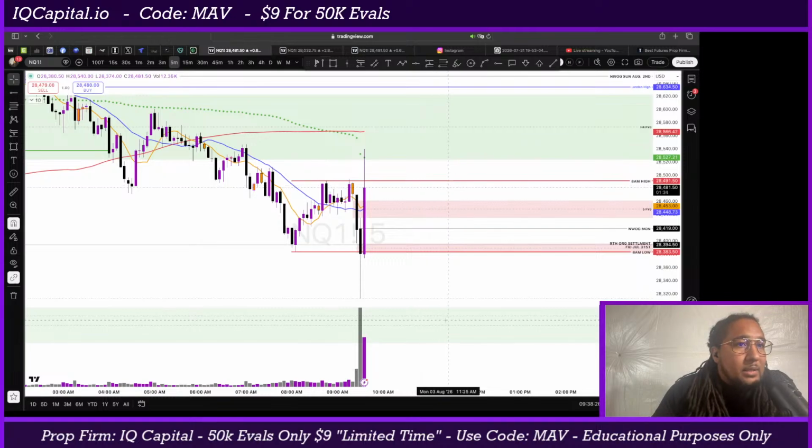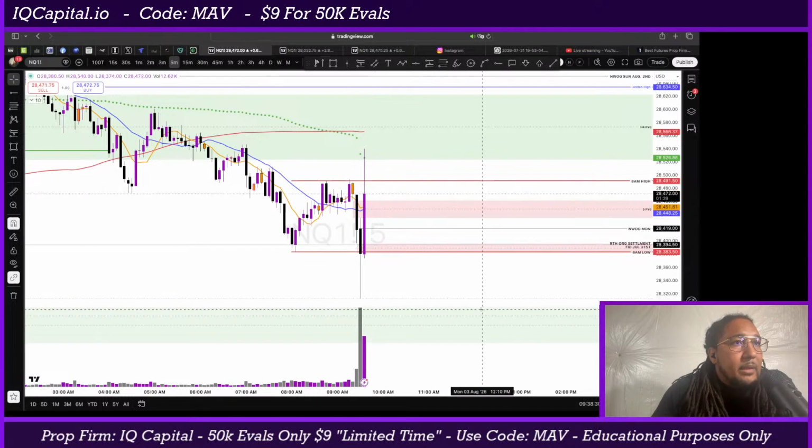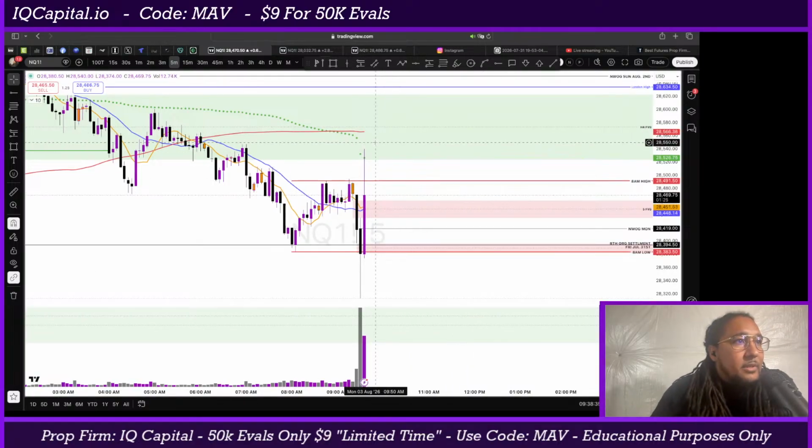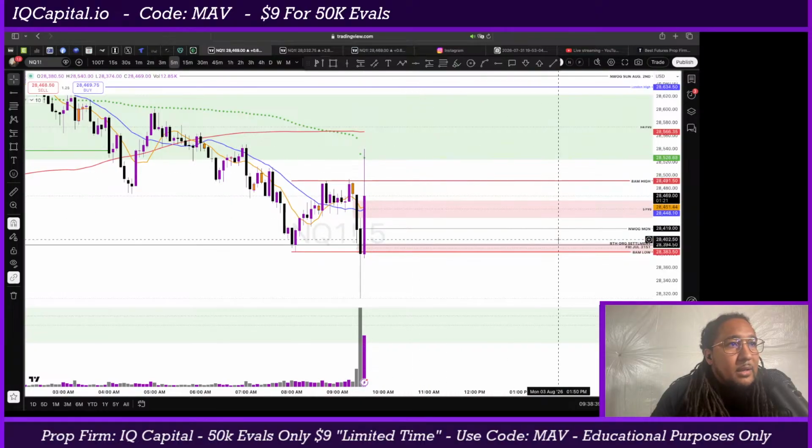I would have liked it to tap that 4-hour fair value gap before heading higher, but it looks like we tapped into this upper FVG on the 4-hour, and immediate rejection here after a sweep of the high.